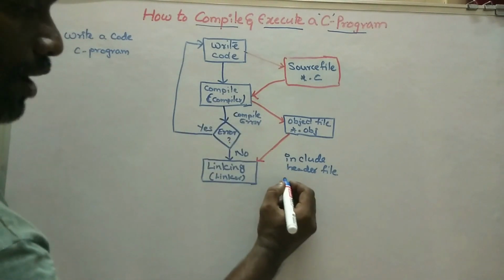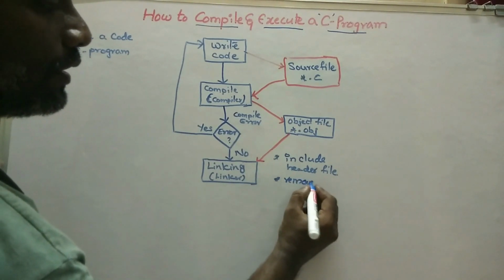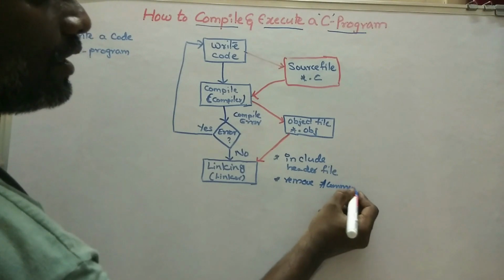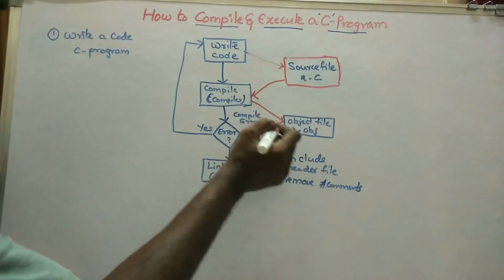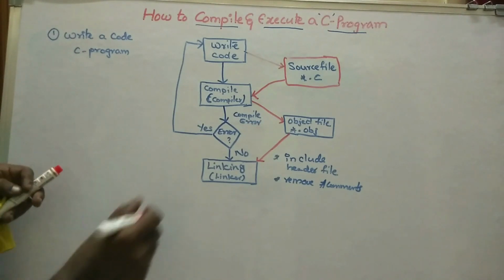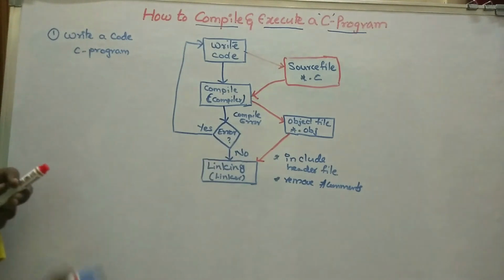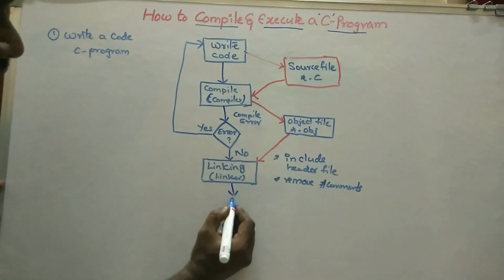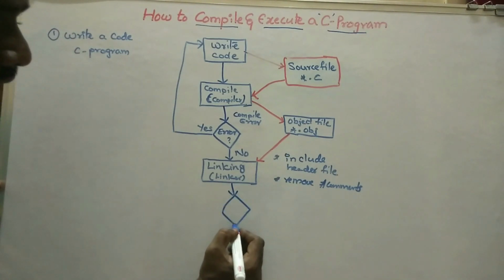As well as here we have to remove the comments that we have mentioned. They will be removed, and the header files will be included for the successful execution of your program. In the linker section, whenever you link the header files, if again we get any error, that is called a linker error.